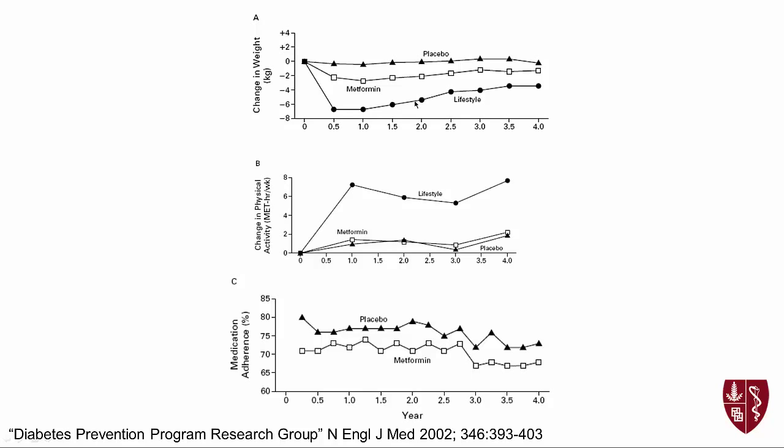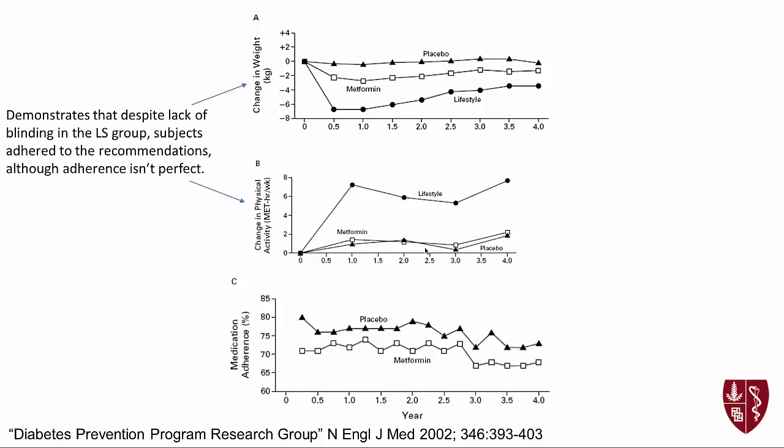But clearly, people did adhere to the treatment because you're not seeing the same drop in weight in the metformin and placebo arms. Likewise, the physical activity levels changed the most for the lifestyle groups, which tells you that, okay, it wasn't perfect, but people did adhere to the treatment that they were assigned to, while you don't see that uptick in physical activity in the metformin and placebo group.